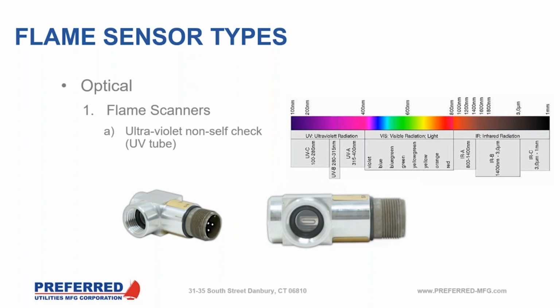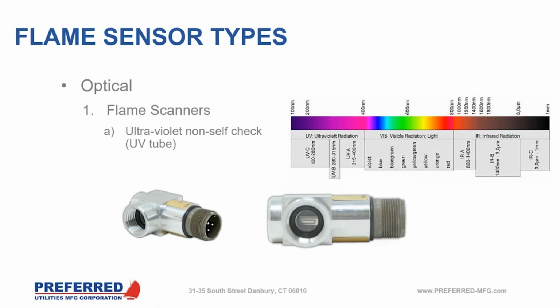And basically, if we apply a voltage, and it can be 300 volt DC or AC, it could be 600 volt AC, and we subject that tube to enough UV radiation, and these were developed so that they're looking below the visible light area.